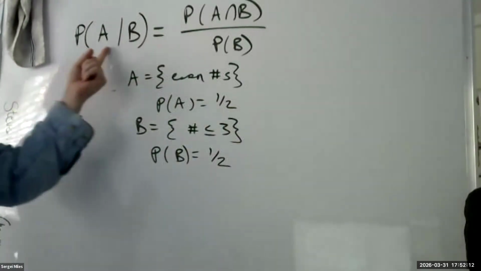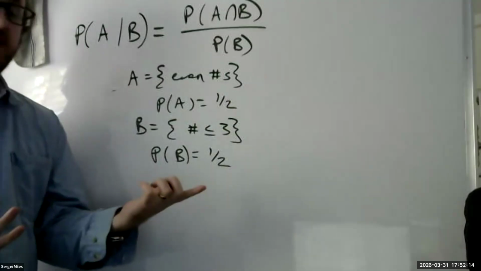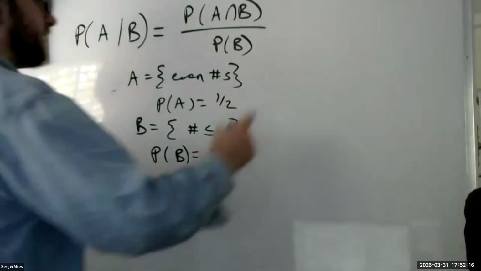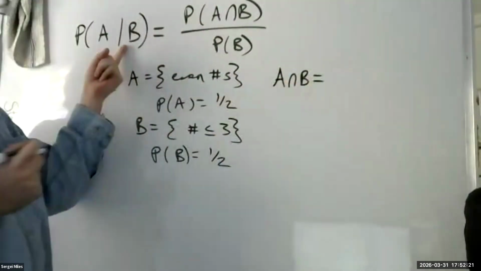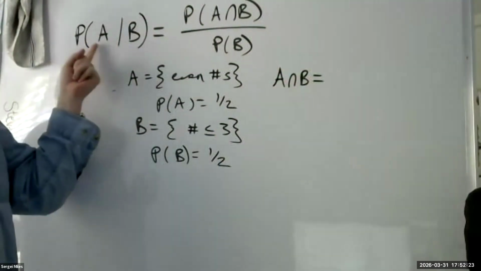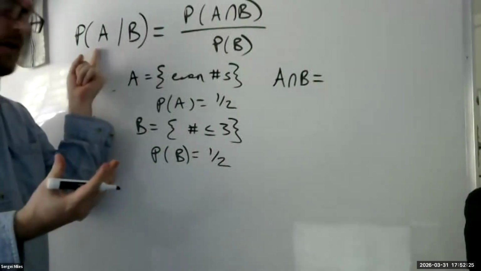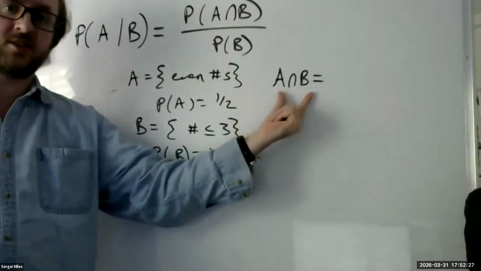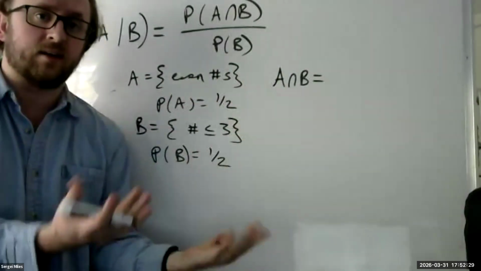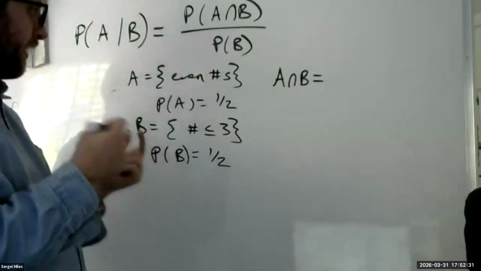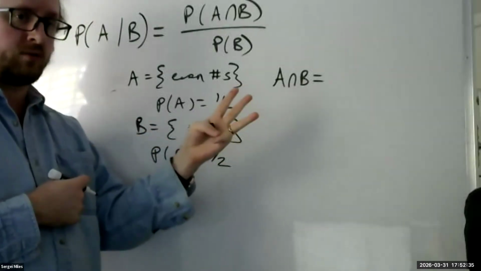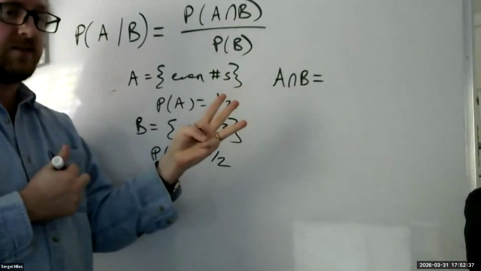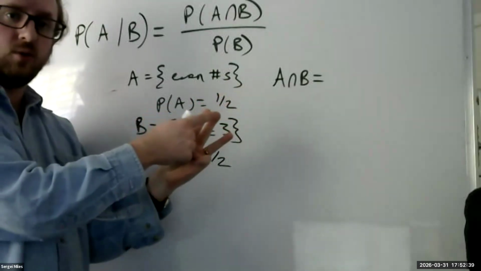But now, as I'm thinking about conditional probability, we already know the answer here was 1/3, but A intersect B, because after all, if B has happened first, the only way A could still happen was if A and B share something in common, which is exactly what we did in that thought experiment. If I have a number less than or equal to 3, that means I have 1, 2, or 3. The only way to still get an even number is if I got a 2.